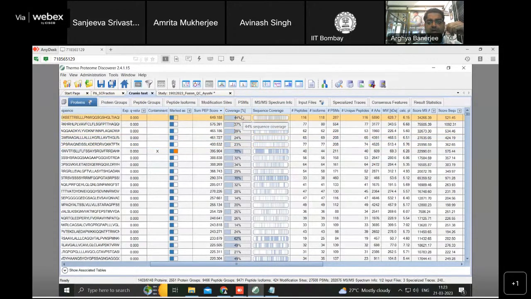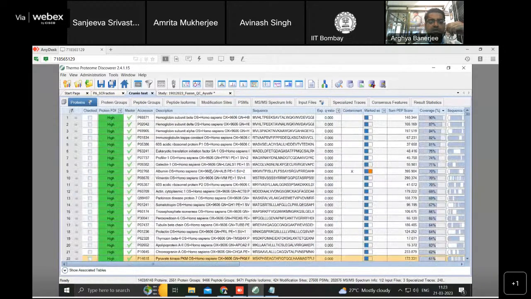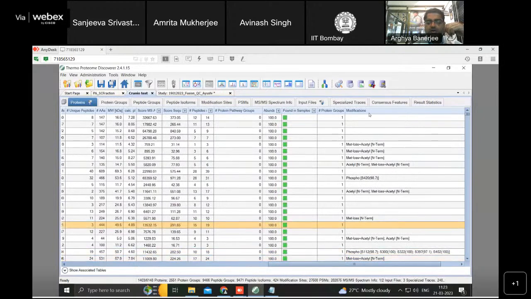So if we go from higher to lower, it is very obvious that if you are using human tissue samples, the hemoglobin has to be there because of the blood samples and all. So once that is done, you can also see what kind of modification it can adapt, whether it is a methionine loss, or an acetylation, or a phospho.